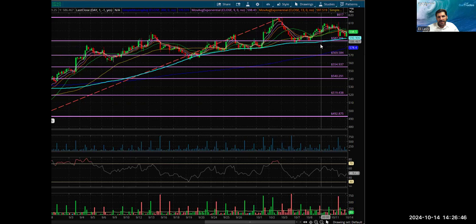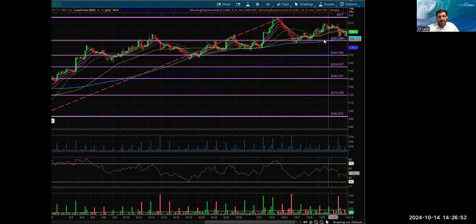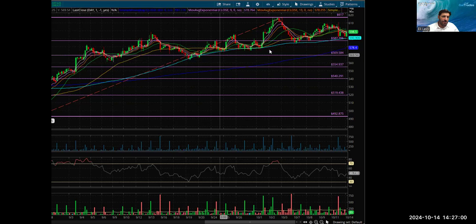So 587.70 is going to be broken to the downside. I'm probably going to go with the trend until it breaks that resistance again, because that's going to turn into a resistance. As you could see, I got this moving average right here, which is holding. Technically, it's a 100-day moving average on a 4-hour time frame, and that's been holding at this level. So that's what I'm looking at in wheat.